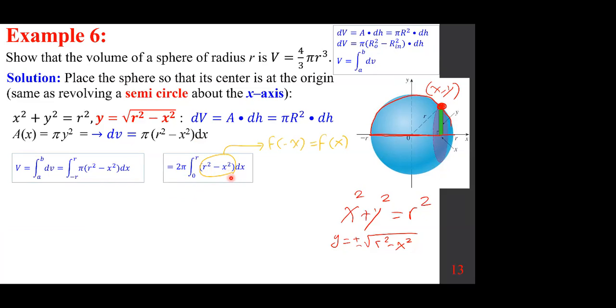Just plug in. Of course, 0 gives you 0. Just plug in r. So this becomes r squared times r, which is r cubed. This becomes minus r cubed over 3. So it's 2r cubed over 3. Times 2 pi becomes 4 pi r cubed.